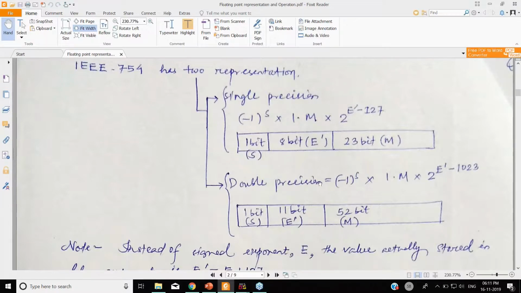The value and representation is the same, that is minus 1 to the power sign bit. There is 1 bit for sign in both cases. In 32 bit it is 8 bit exponent, whereas in 64 bit it is 11 bit for exponent. Here it is 23 bit for mantissa, and here it is 52 bit for mantissa.